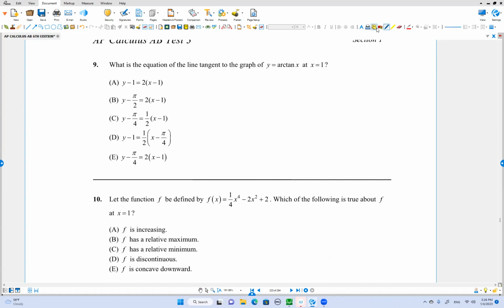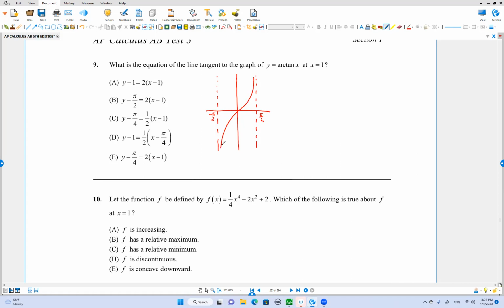Arctangent, symmetry. This is the graph from negative pi over 2 to positive pi over 2. This is the graph of tangent x.